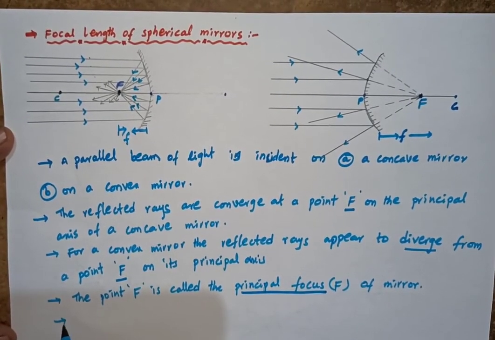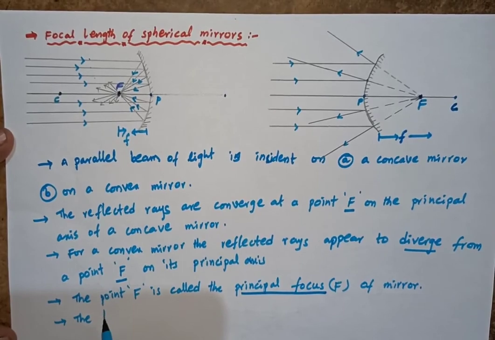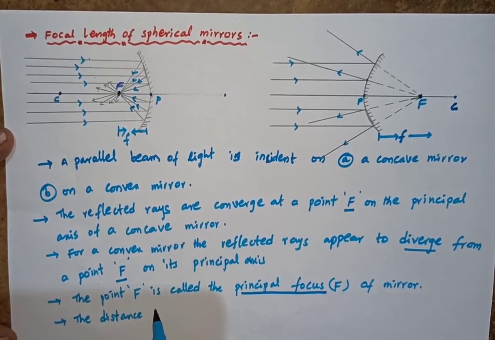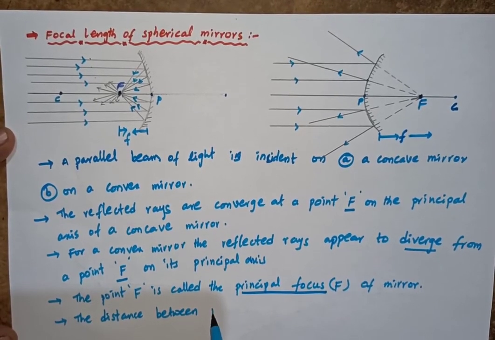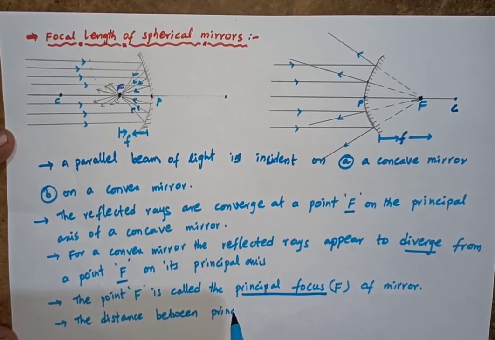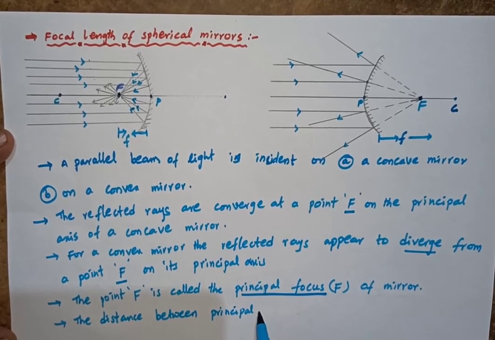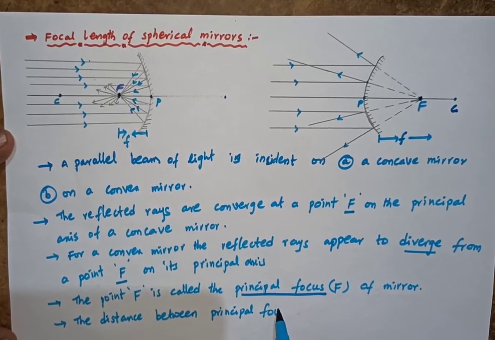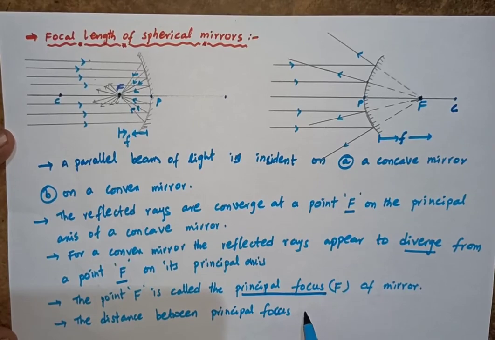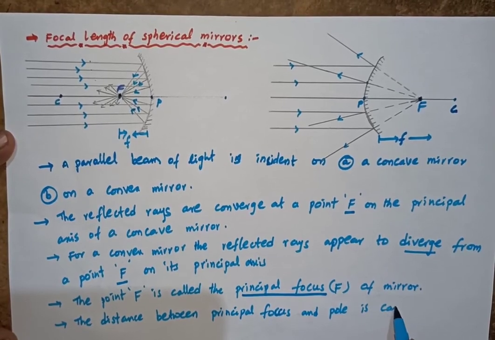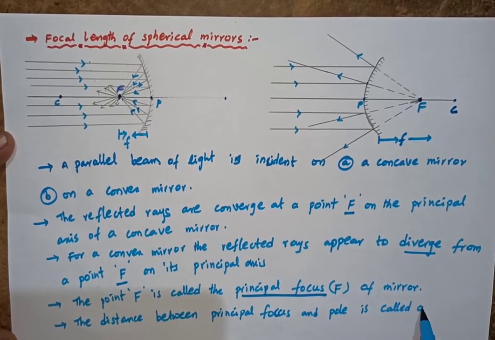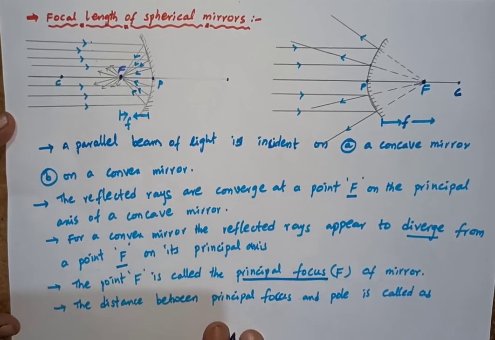So the distance between the principal focus and the pole is called the focal length.